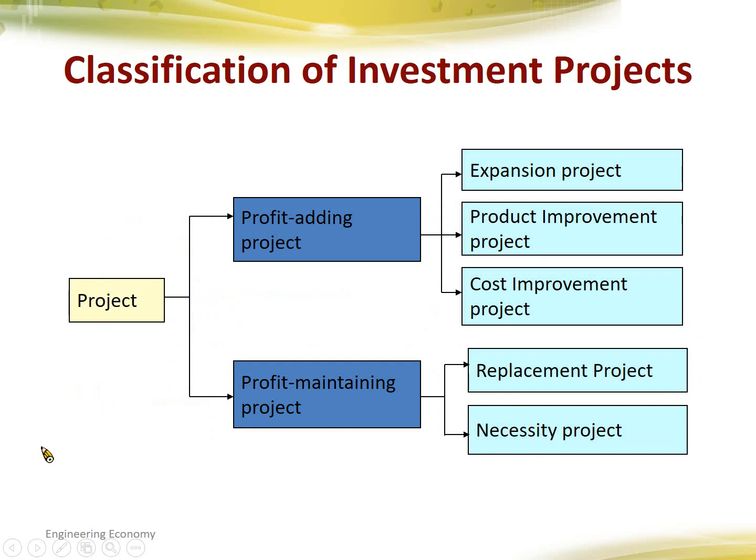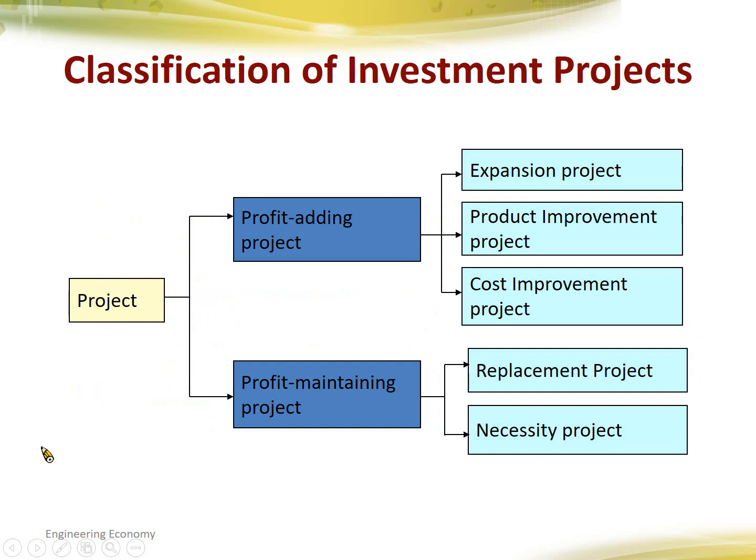Okay. There are different kinds of projects you can imagine. Here we have two classes. One is called a profit adding project. That is, by investing in a certain asset, process, or opportunity, we will add value and add profit.